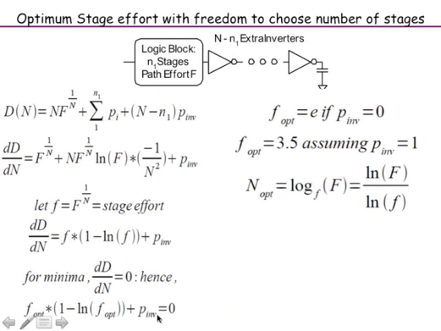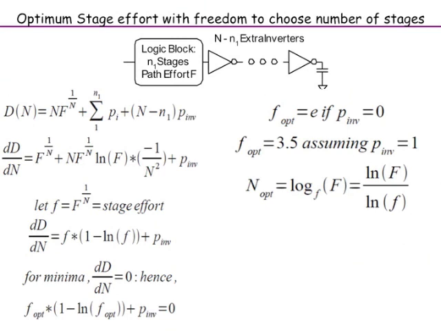Now if p in is equal to 0, let us say we ignore the parasitic, then if you solve this equation, f opt is equal to E. E is what, 2.7 something, right?